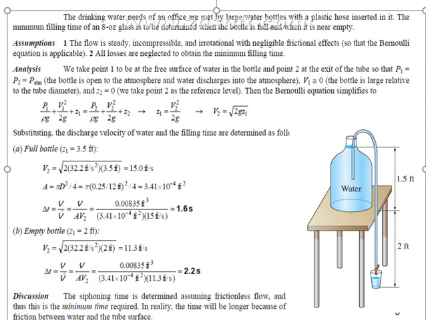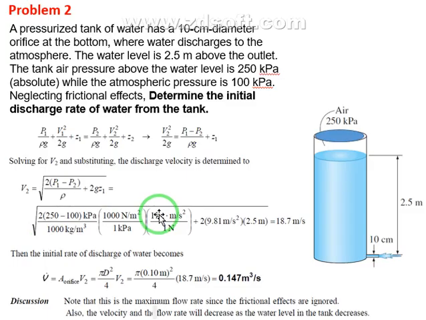Right. The second example is also on the Bernoulli equation, but now we have something called a pressurized tank. This is a pressurized tank, but it doesn't mean that we must use the energy equation, because this is just like a pressure. We don't have a pump, you see. We have a pressure here, because why do we get pressure?